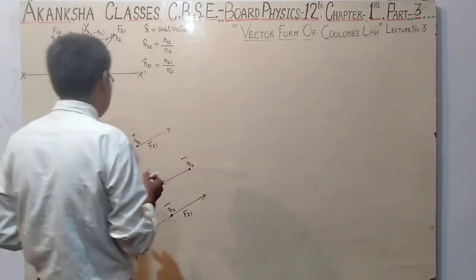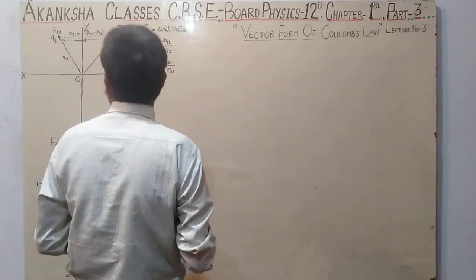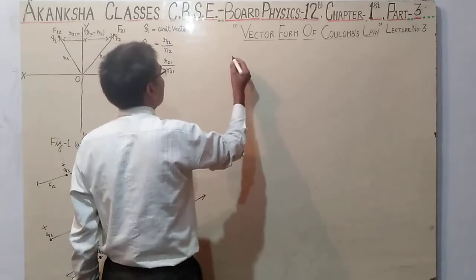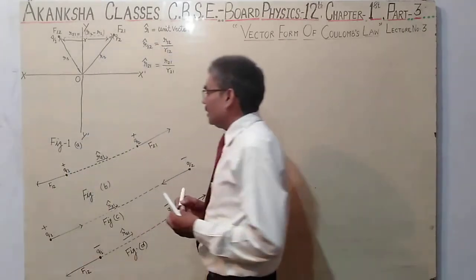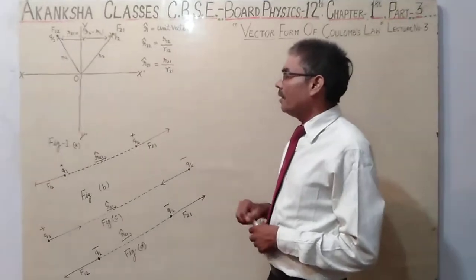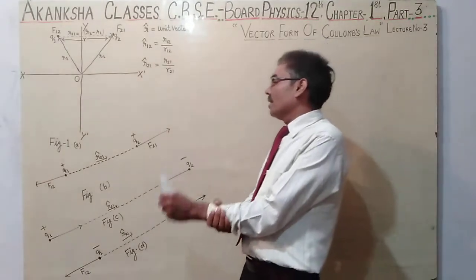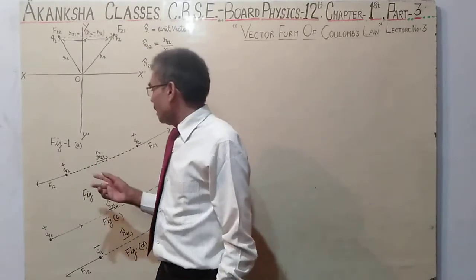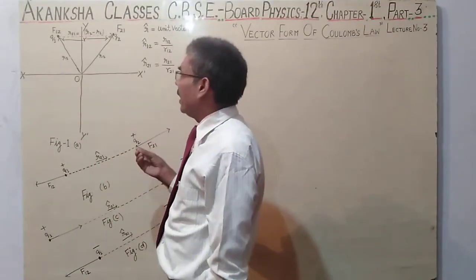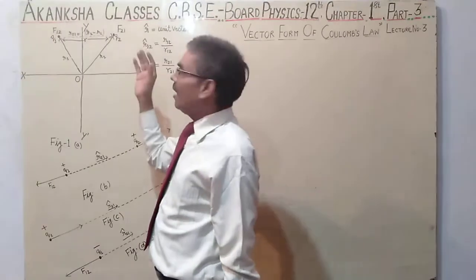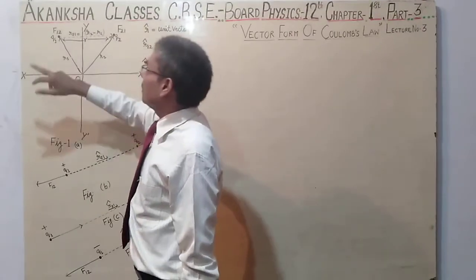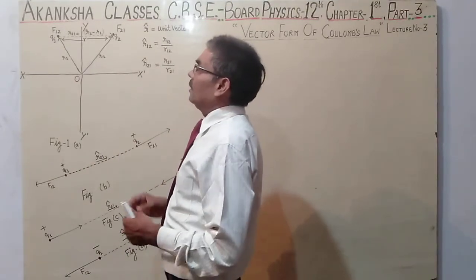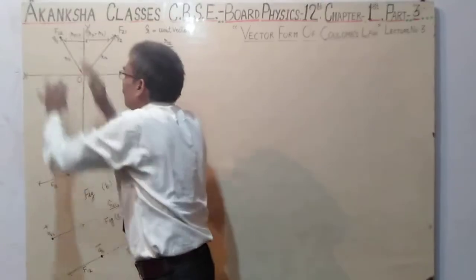Now we have to find Coulomb's law in vector form, but here there are some figures drawn. We have to say something about them. Students, just imagine, if you have to find the force for charge 1, this means you have to calculate the force acting on charge 1.